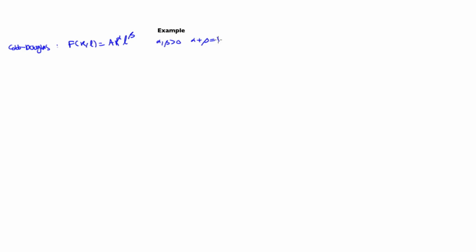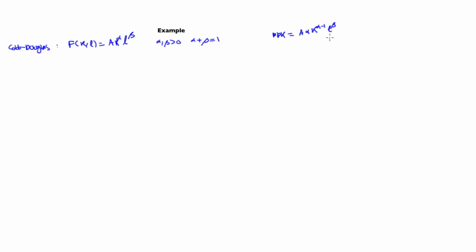Now, before I start the computations, let me remind you of a couple of things. The marginal product of capital, in this case, is just the derivative of the production function with respect to capital, which is A alpha k to the alpha minus 1 L to the beta.